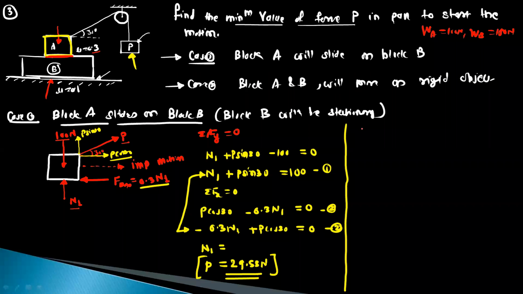So we will consider the second case, A and B sliding together. Here we have to consider both the blocks and we have to draw the free body diagram.